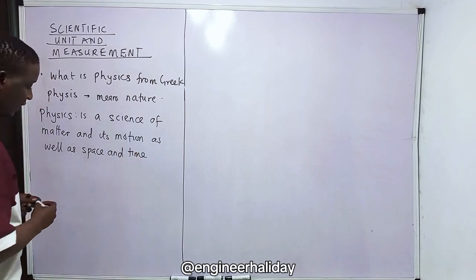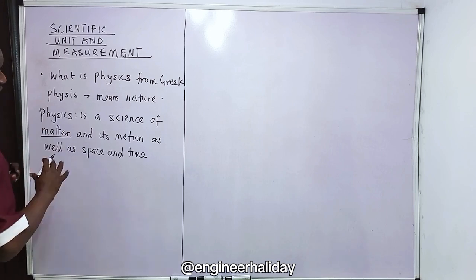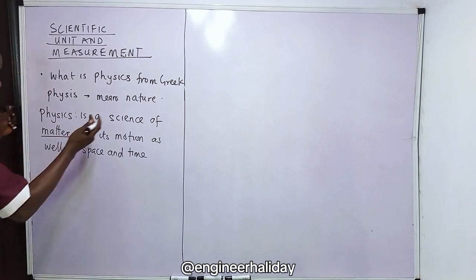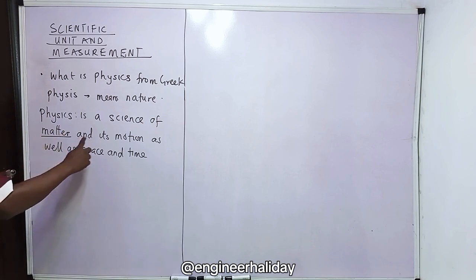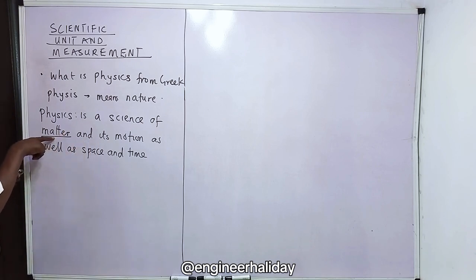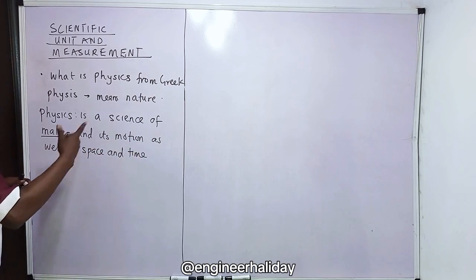So we can say physics is the study of the world, or a science of matter. When we talk about matter, we are talking about general nature, meaning that matter is anything that has mass and occupies space. We cannot talk about matter without talking about its motion, as well as space and time.